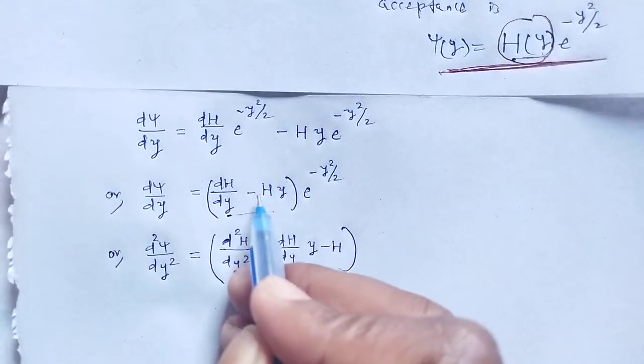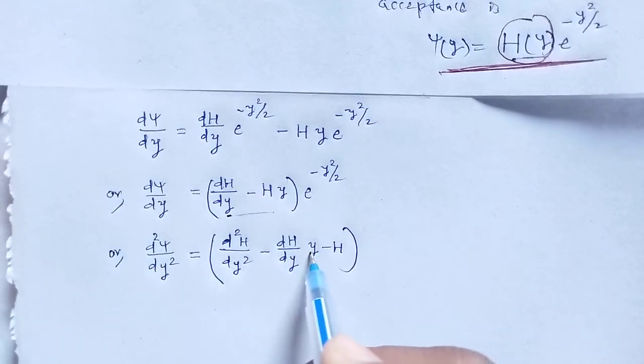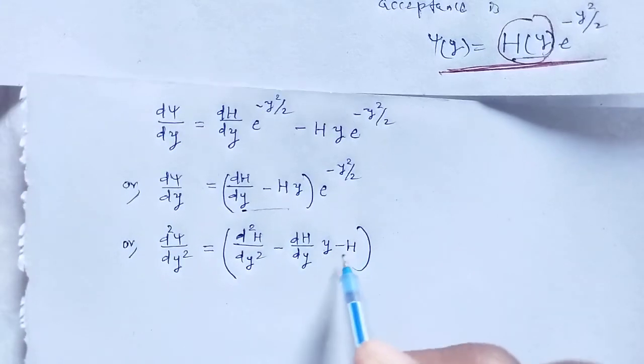Inside that bracket, h y: the derivative of the first term with the second term as constant, again the derivative of the second term with the first term treated as constant.